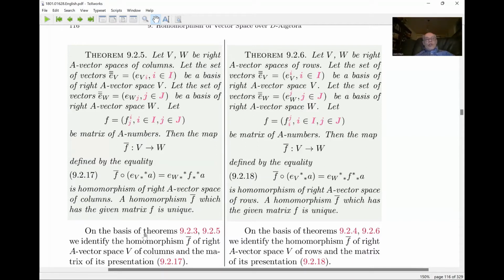On the basis of the considered theorems, we identify the homomorphism F of right A vector space of columns and the matrix of its representation 2.17. Now we will consider the definition of sum and product of homomorphisms of A vector spaces and the corresponding operation with their matrices.